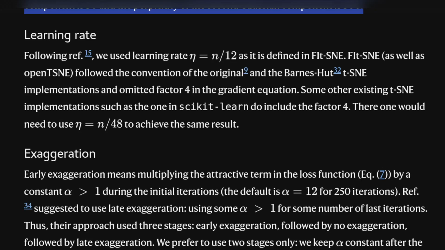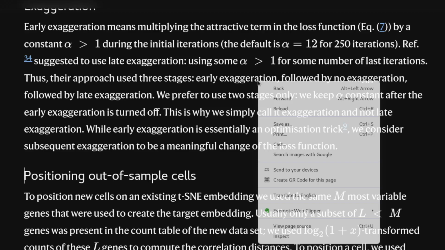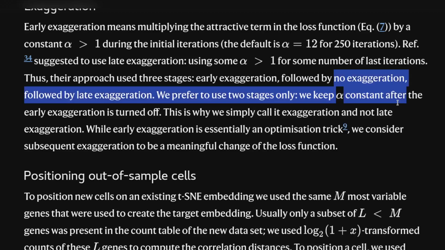We prefer to use 2 stages only. We keep constant after the early exaggeration is turned off. This is why we simply call it exaggeration and not late exaggeration. While early exaggeration is essentially an optimization trick 9, we consider subsequent exaggeration to be a meaningful change of the loss function.